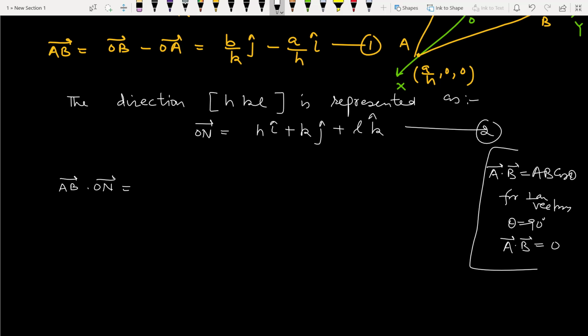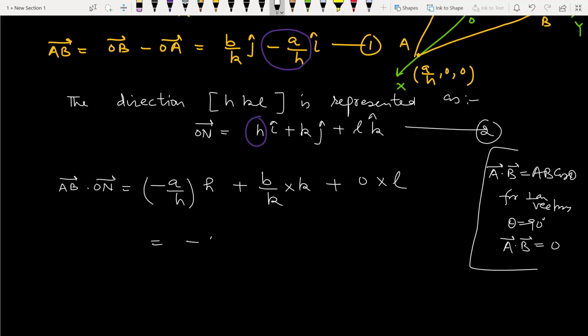For that, we multiply the coefficient of i cap with the coefficient of i cap. So it is minus A by H into H. Then the coefficient of j cap, B by K into K, and 0 into L. So it is minus A plus B.